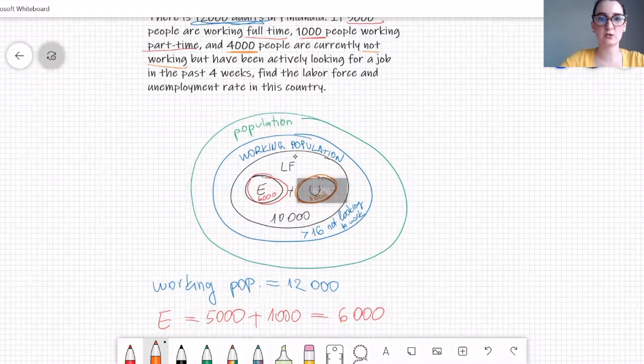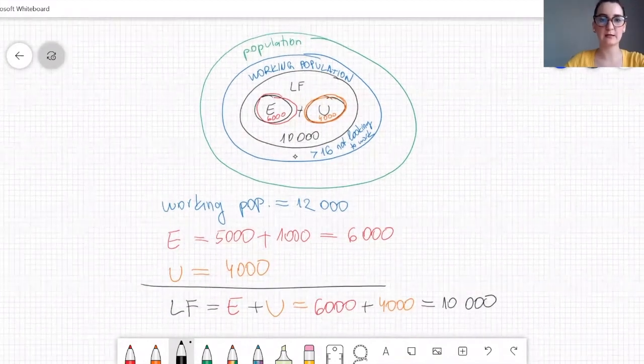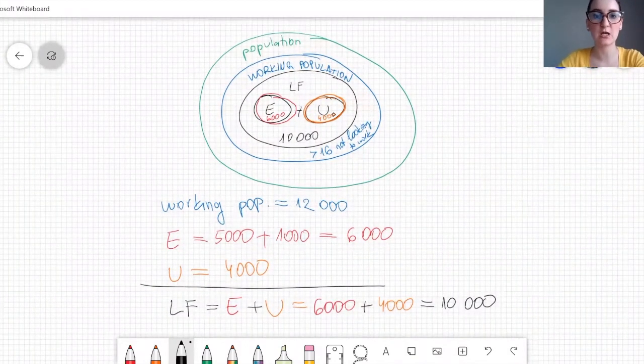And another question we had was to find the unemployment rate. Let me show you in the picture: the unemployment rate is what part of the labor force is unemployed. So basically this small orange circle divided by this black circle. You can remember it as part over whole.